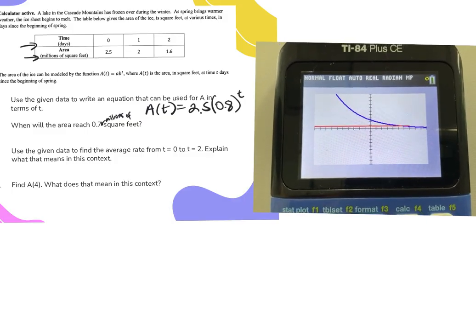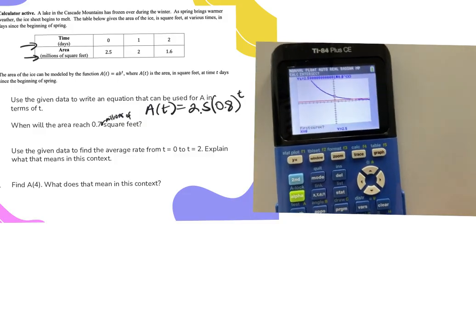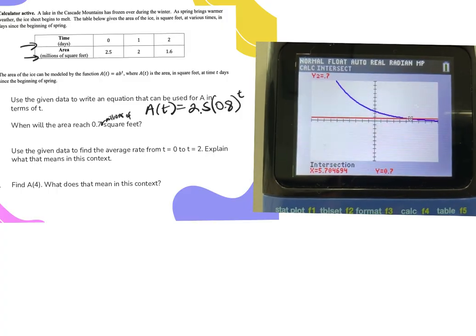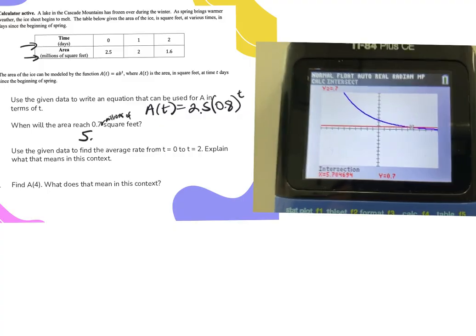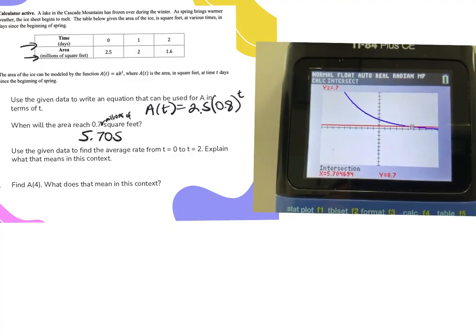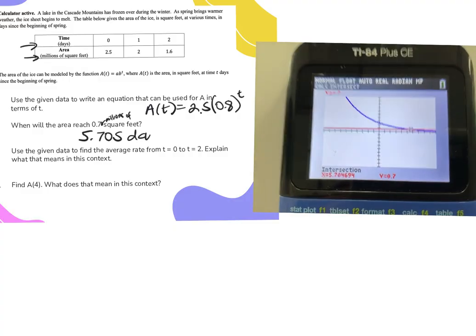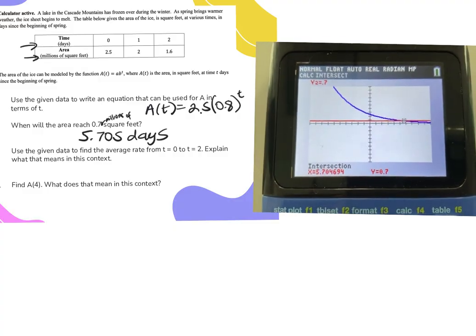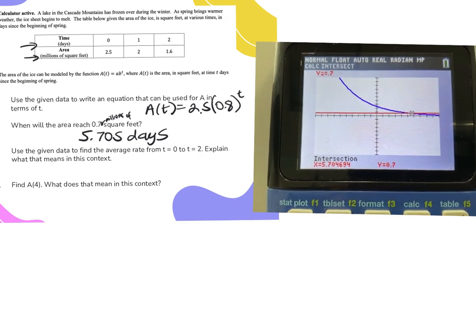I want to know where they cross, so I'm going to go second, trace, intersect, enter, enter, enter. And my intersection occurs at 5.7046. So 5.705. Do we have to say that, or can we just say days? In 5.7 days? Sure, that's fine. If it said on what day, that's when we got around it, right? But if it's saying when does it happen, 5.75 is fine. Yes.